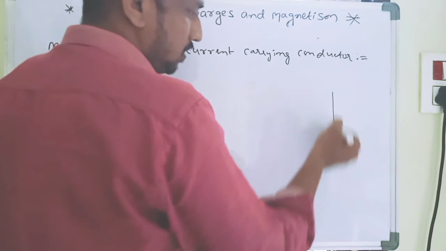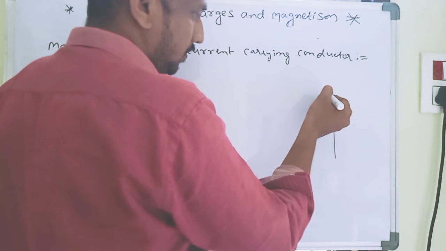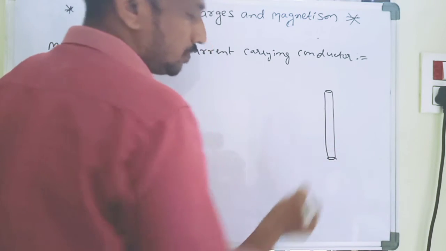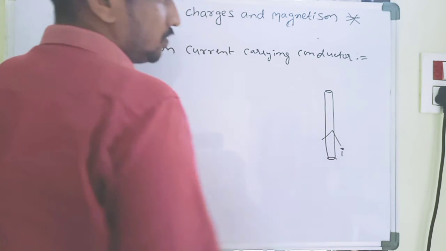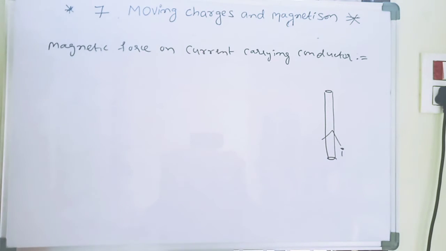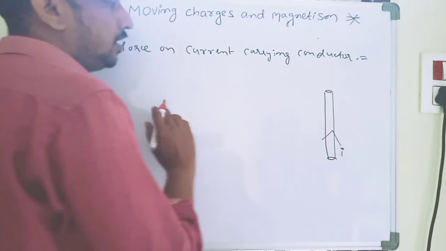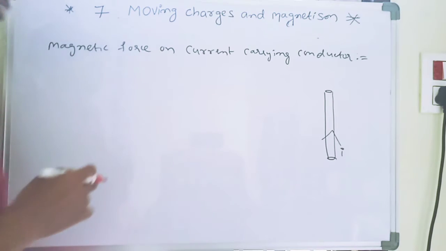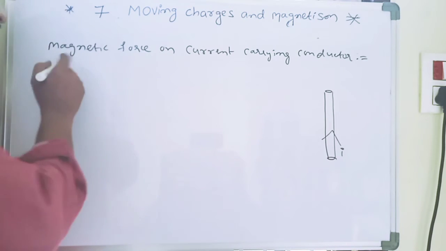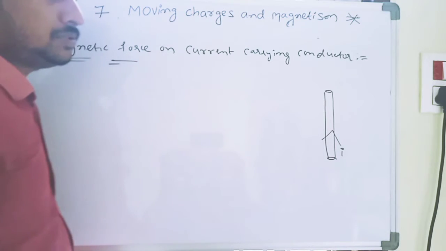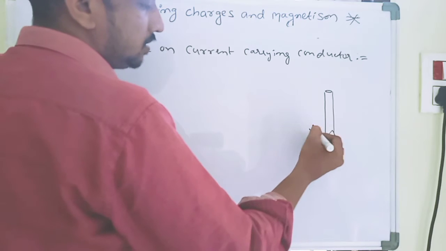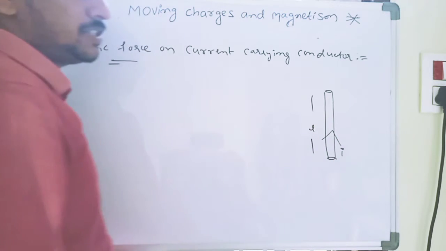For example, this is my conductor. This conductor has some current I. Okay, a current carrying conductor. So we can calculate the magnetic force on a current carrying conductor. We consider a conductor.